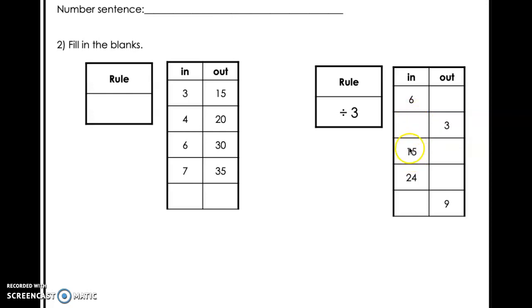Okay, 15, again, divided by 3. You're going to make 3 circles and divide 15 into 3. And there's your answer. 24. Again, make 3 circles. Now this time, share 24. And there's your answer. Now over here, again, we don't know this.